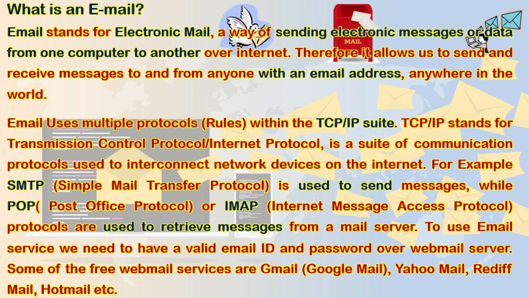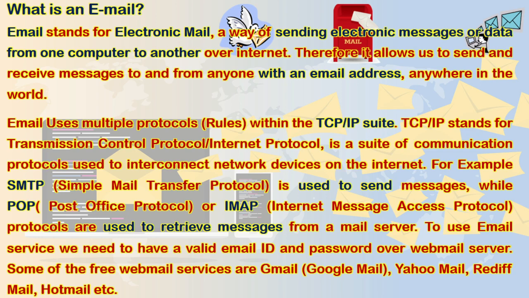That means SMTP is used to send messages, and on the other hand, POP or IMAP is used to retrieve messages from the server. For your information, the POP protocol downloads the email from a server to a single computer, then deletes the email from the server.